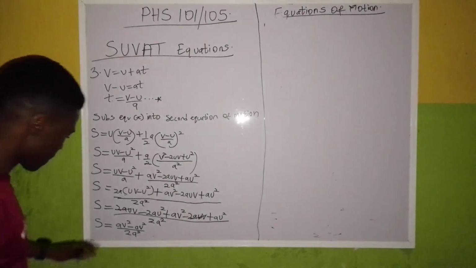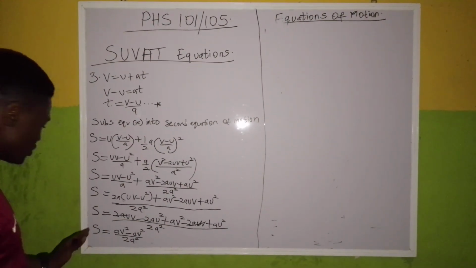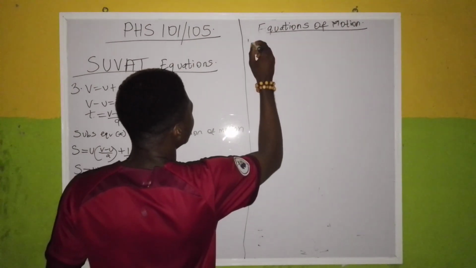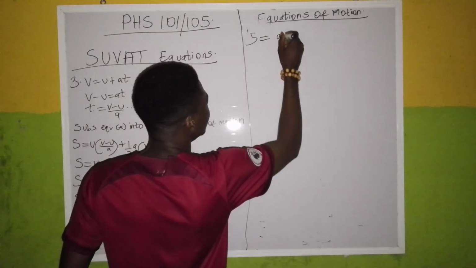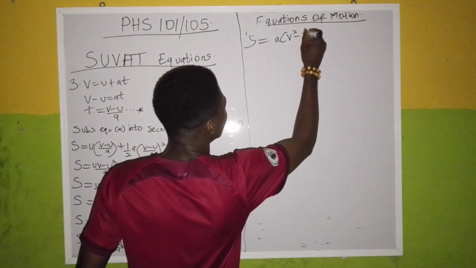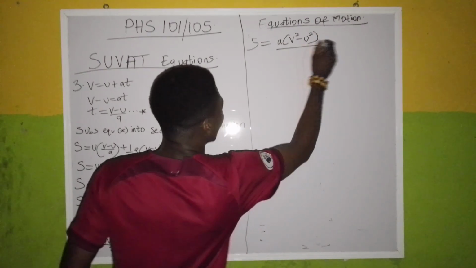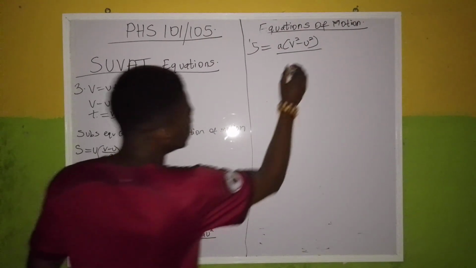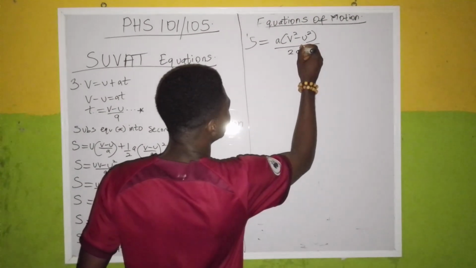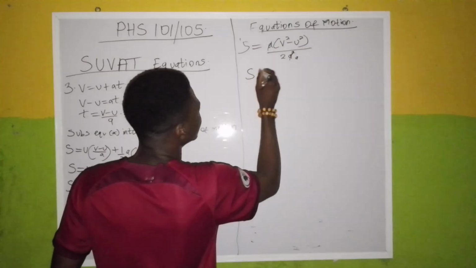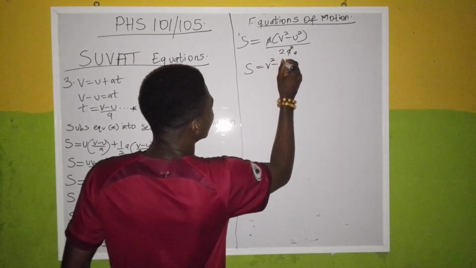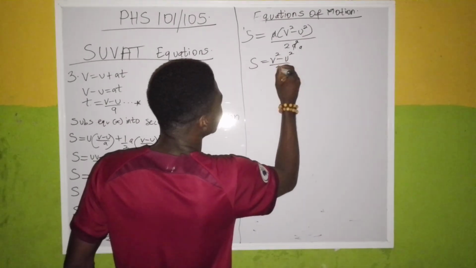Okay, so from here we can bring a out and cancel it out. So we have s equals a times (v squared minus u squared) over 2a squared. They cancel, and we have one a left. So our s equals v squared minus u squared over 2a.